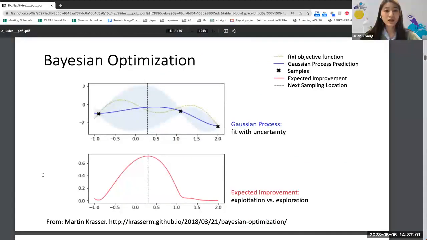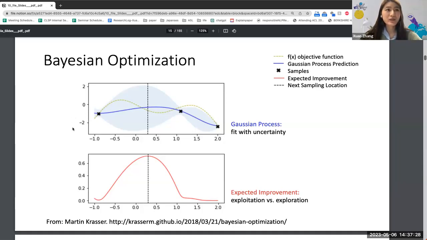In general, the expected improvement aligns with the predictions of the Gaussian process. The Gaussian process value approximates the target function, the F we mentioned, and the point with the highest expected improvement value will be sampled next for the target function.